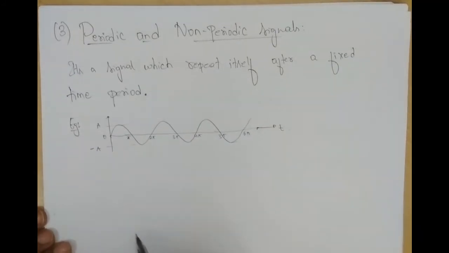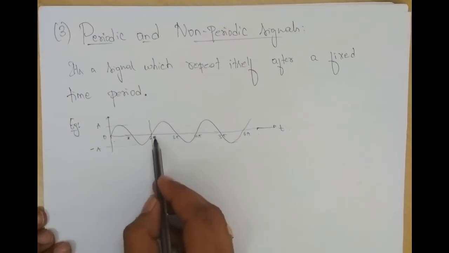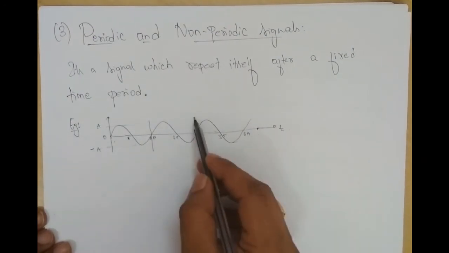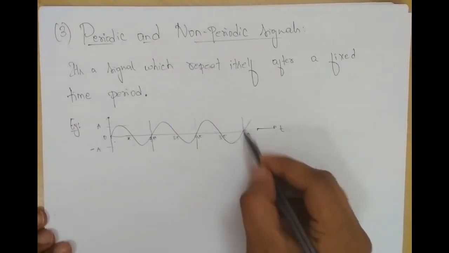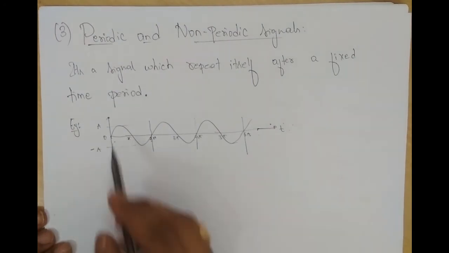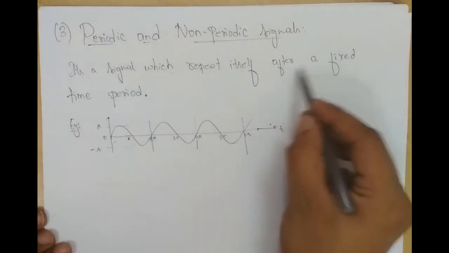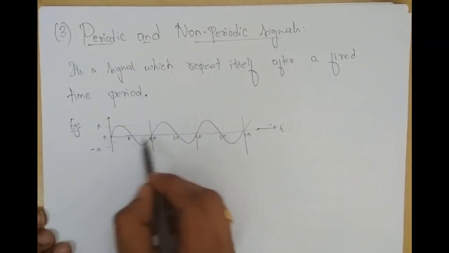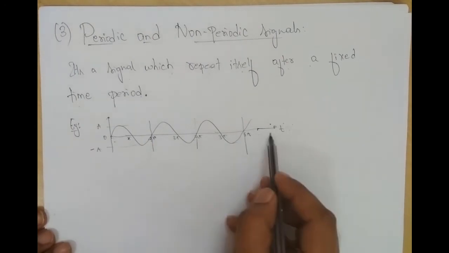It is repeating after how much duration? After 2 pi, the same pattern repeats. It's the same from 2 pi to 4 pi, and 2 pi to 4 pi is the same as 4 pi to 6 pi and so on, right? So it's a signal which repeats itself after a fixed time period. Here the fixed time period is 2 pi, 0 to 2 pi. After 0 to 2 pi, the signal repeats itself.